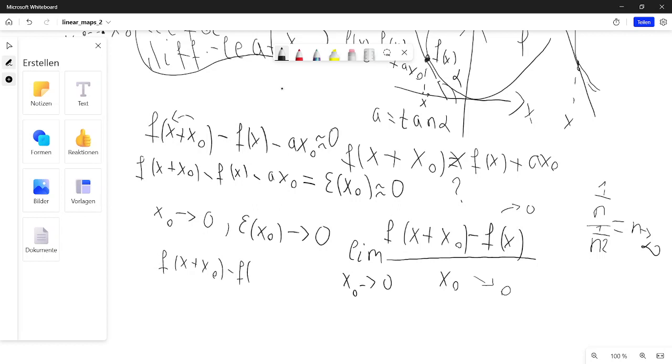And as we know from school, that would be the derivative. So we would have some a, and a multiplied by x0 divided by x0 is a. Then we'd have to consider this. And of course, if that limit exists, if we take a away from the limit, we can also plug in a in the limit, which I already did. It's just calculations with limits, right?